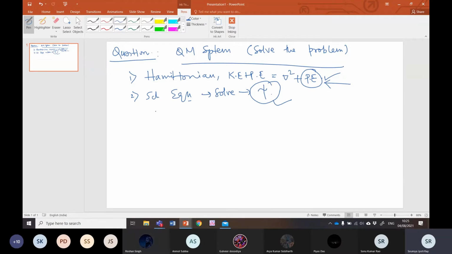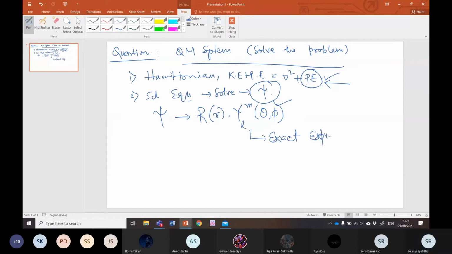Yes, sir. Okay. So now here in this case, we have, let's say, R(r) times Y_lm(theta, phi), right? And what we have seen is that we got an exact expression of this second part without having any knowledge of V(r).